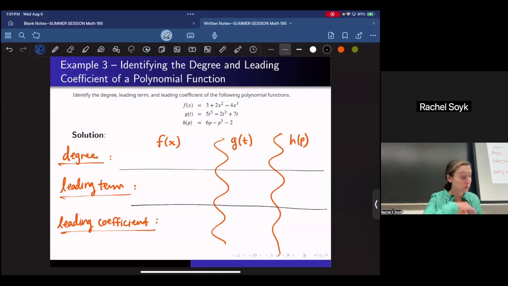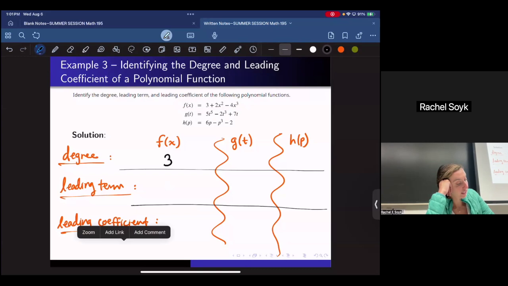So degree of f of x is what? What's our highest degree? 3. What's our leading term? Terms, remember, are separated by the plus or minus signs.